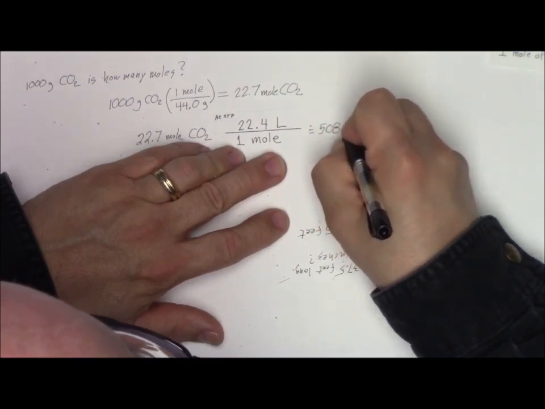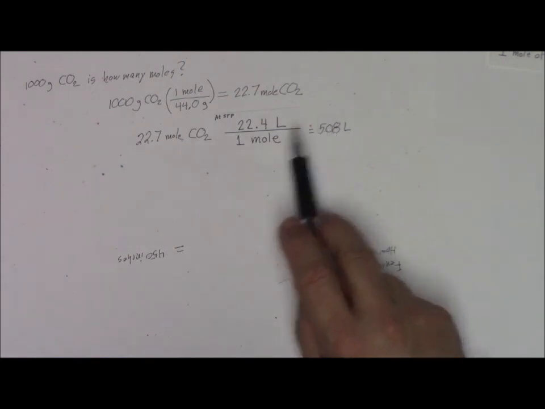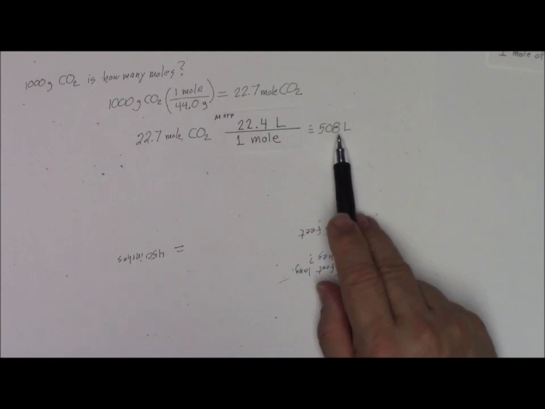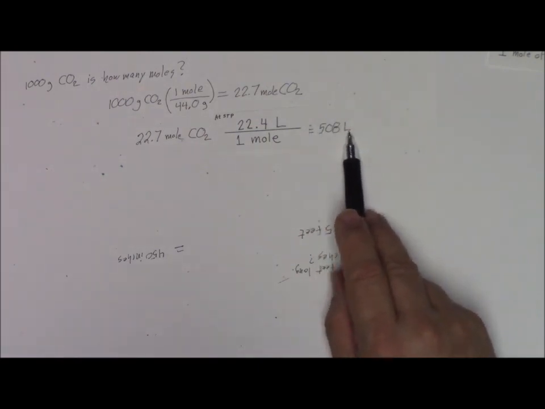508 liters of gas. So if I have 22.7 moles of CO2 that will sublime out, at 1 atmosphere pressure and 0 degrees C, that'll fill up a 508 liter balloon. How big is that? Maybe a small swimming pool.